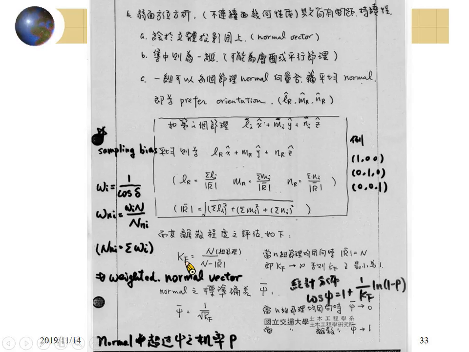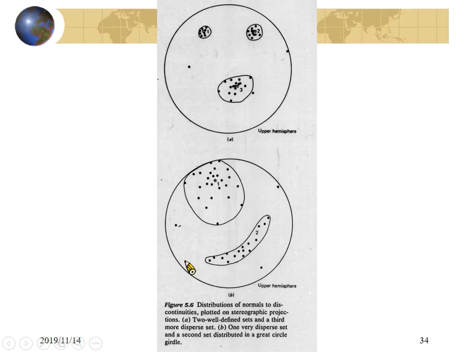Usually you have this kind of problem. Normally you will have a measurement like this. Sometimes you will have a measurement like this. What does this mean?